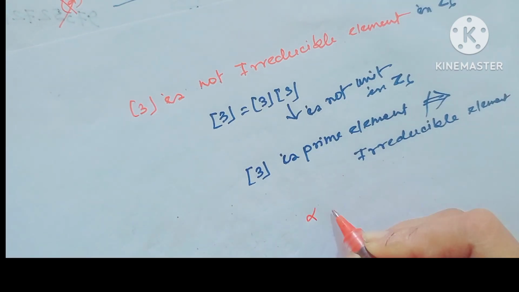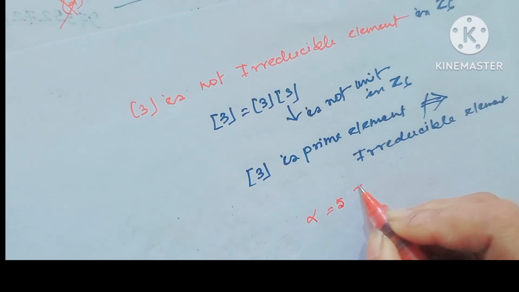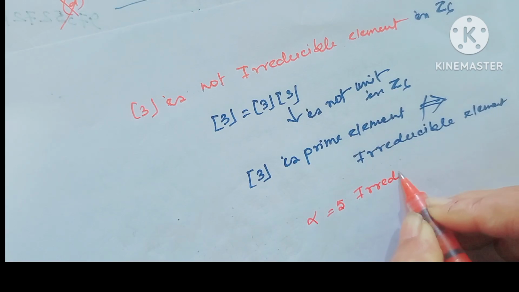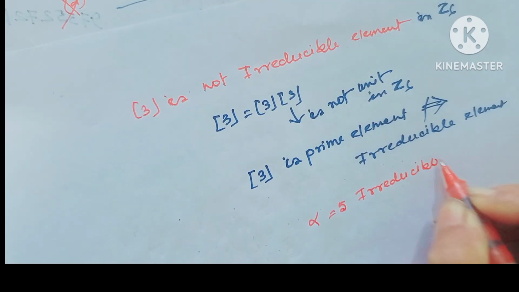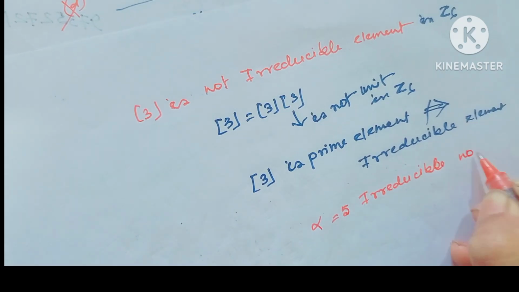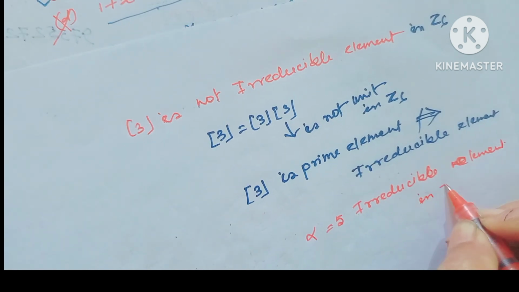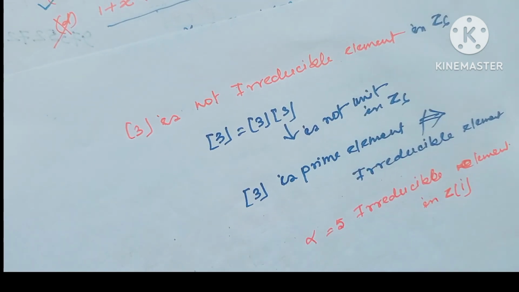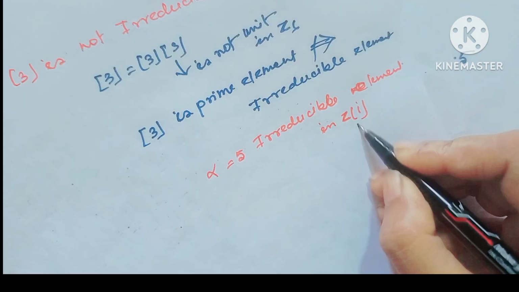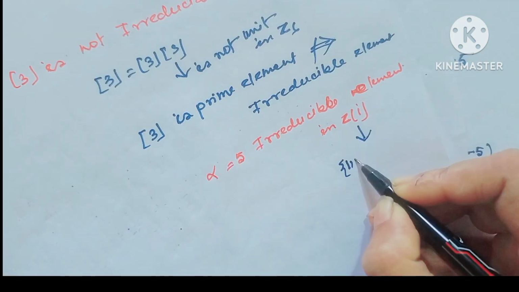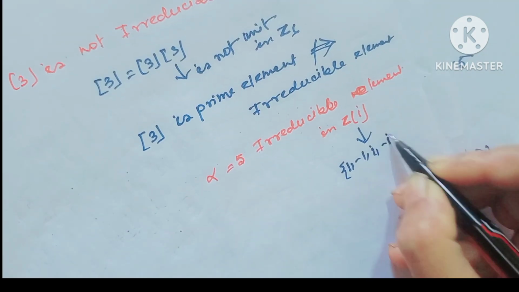Is alpha equal to 5 an irreducible element in Zi? No. Because all of us know in Zi the units are 1, minus 1, i, and minus i.